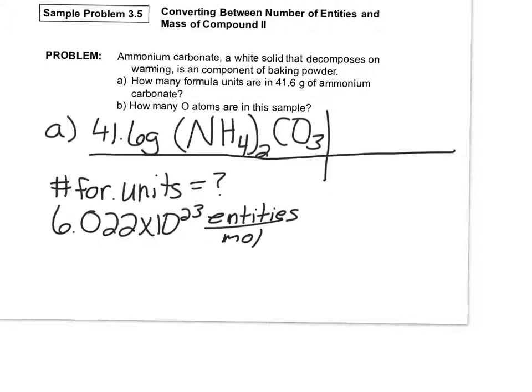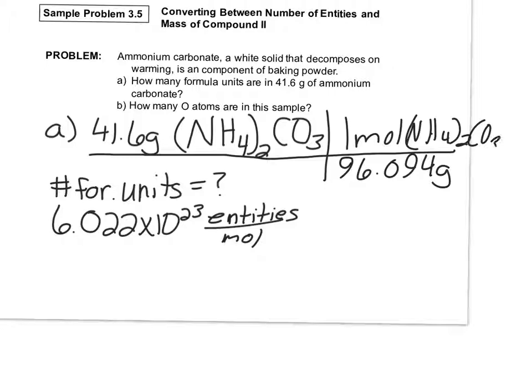Now let me go ahead and fill in my T here. I've got grams in the top, so I've got to have grams in the bottom. And my molar mass was 96.094 grams in 1 mole of the (NH4)2CO3. Now let me check my units here. I've got grams divided by grams. That's going to cancel.